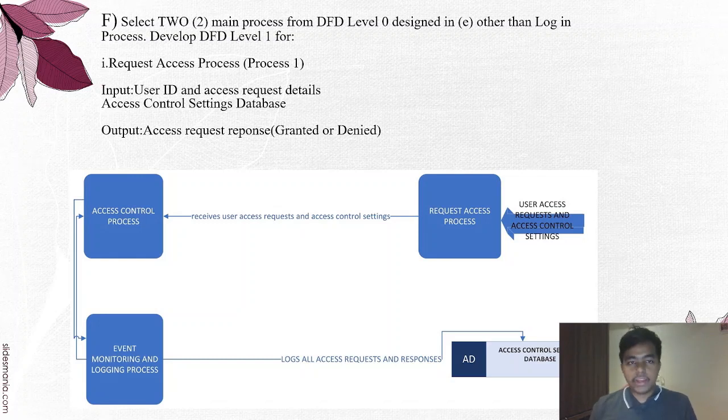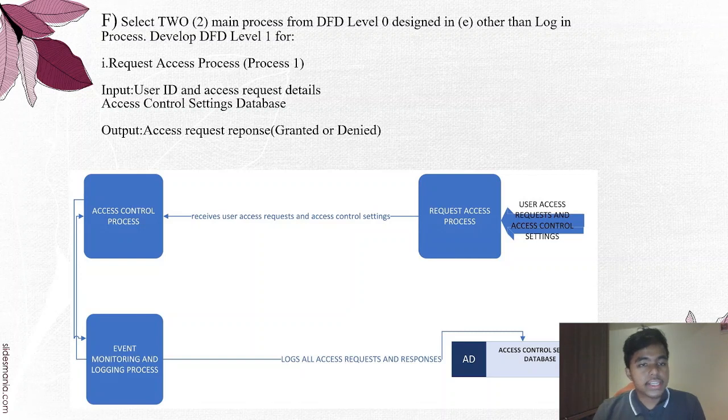Now I'm going to explain part F of the mini project. We were tasked with selecting two main processes from the DFD level 0 diagram earlier, other than login, and developing them. The first process we chose is the request access process. The input is user ID and access request details, and the access control settings database.